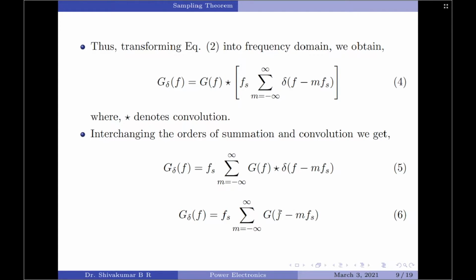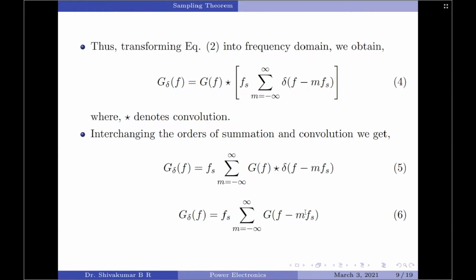Now, from equation 6, we see that G delta of f, which is the spectrum of the sampled signal, represents a spectrum that is periodic in frequency f with a period fs, because you can see we have f minus m fs. That means G of f is repeated after each fs. However, we should note that this is not necessarily continuous in nature.